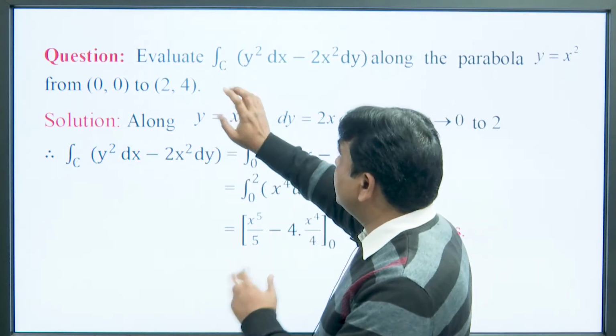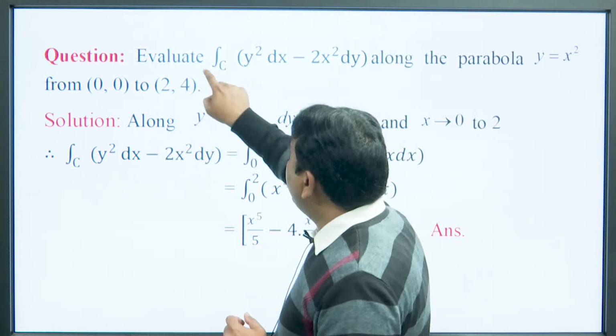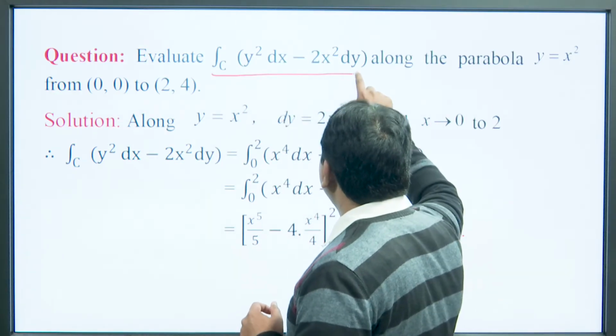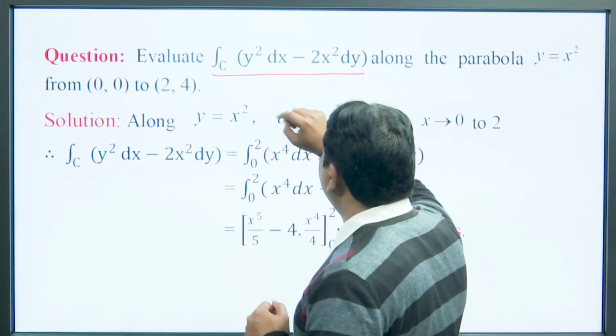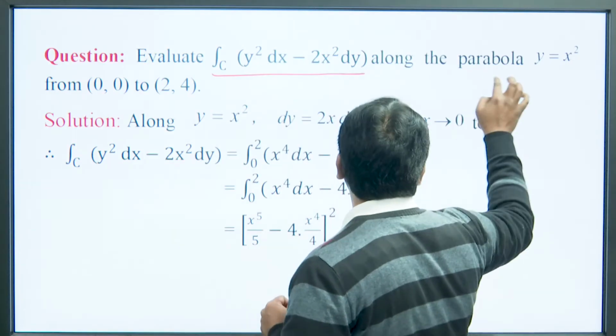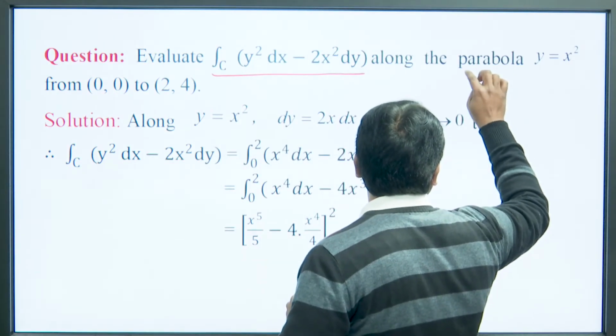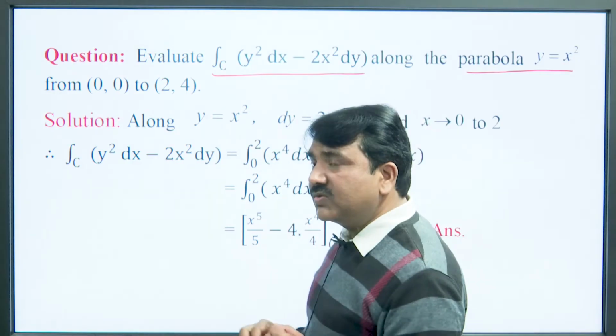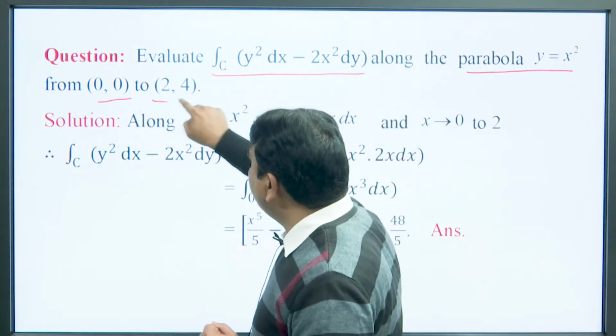Let us consider a question: evaluate the integral of y squared dx minus 2x squared dy along the curve C, where C is the parabola y equals x squared from this point to this point.